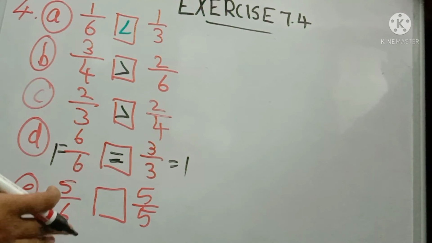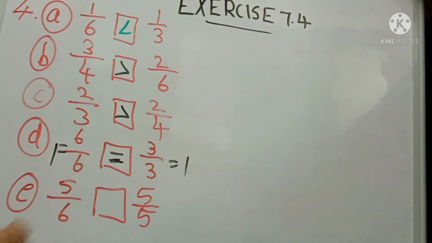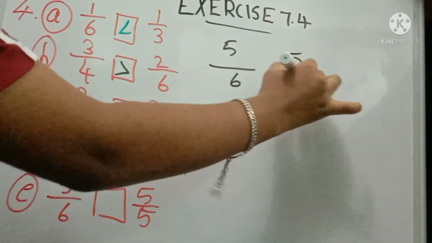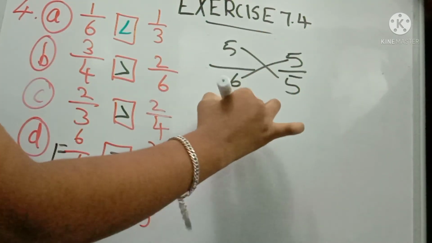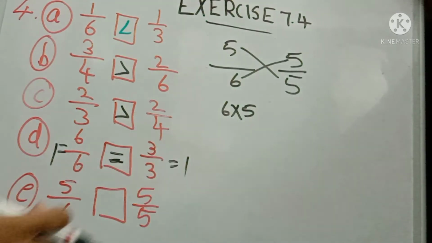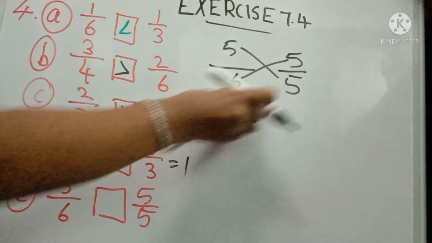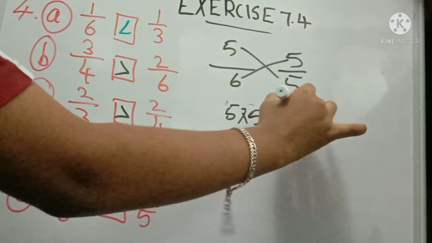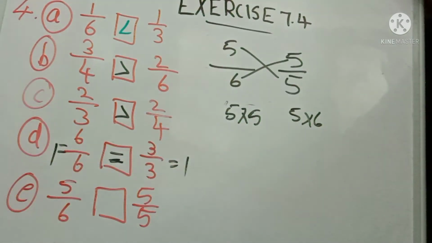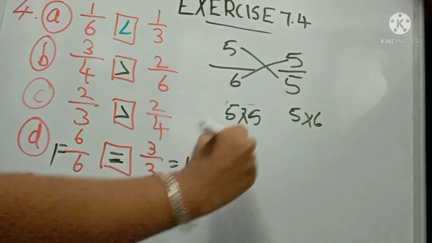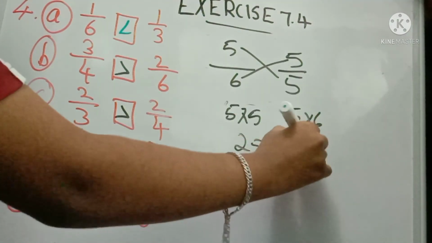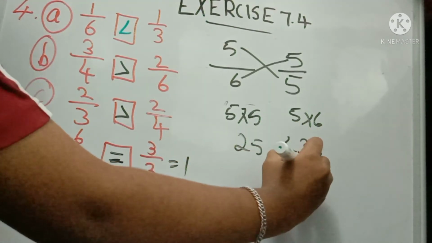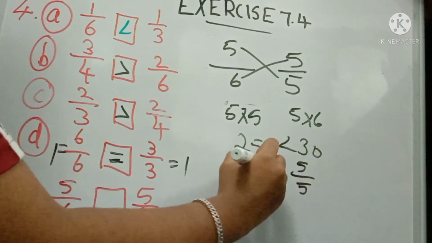Then 5/6 and 5/5. So we want to cross multiply. First here we are writing 5 5s are, and here 5 6s are. 5 5s are 25 and 5 6s are 30. So 30 is greater. So 5 by 5 and 6 by 5.